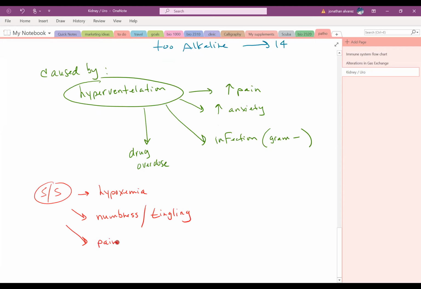So it's just an overall pain. You want to put yourself in a complete alkaline environment. It does hurt. They just ache. So those are some signs and symptoms.